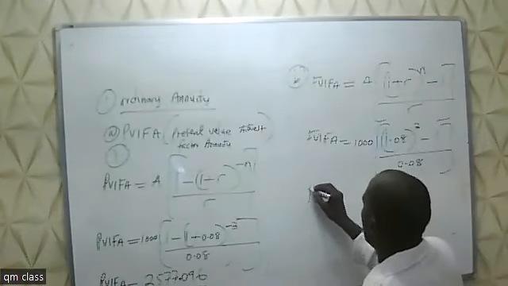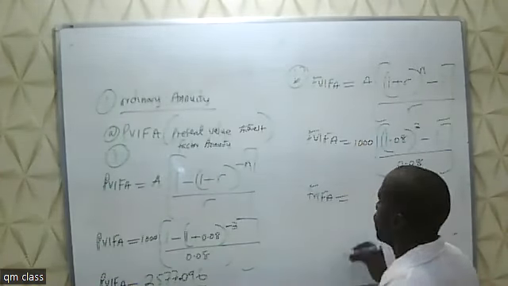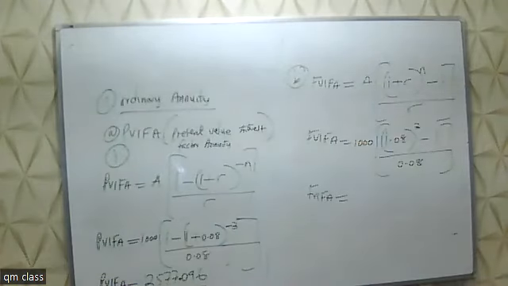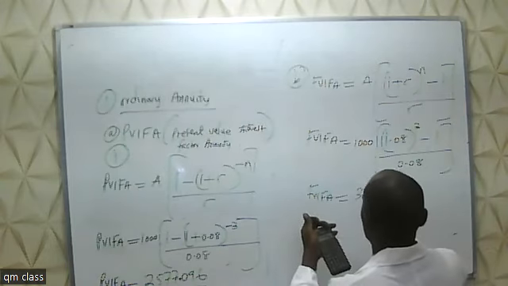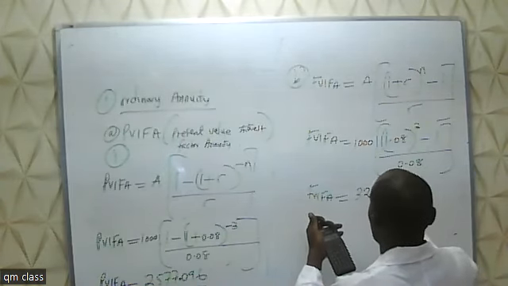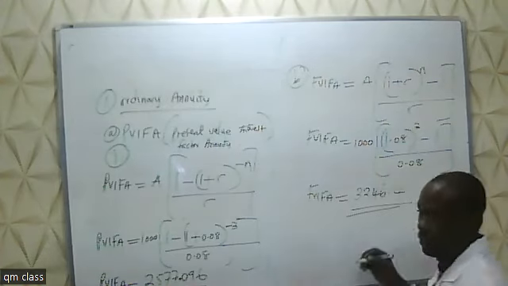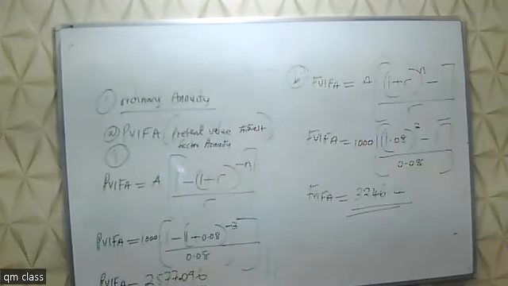We start with what you have in brackets: 1.08 to the power 3, okay, then minus 1, then you divide by 0.08, then multiply by 1,000. So we are getting 3,246.4. This is the future value of his deposits on an ordinary annuity basis.